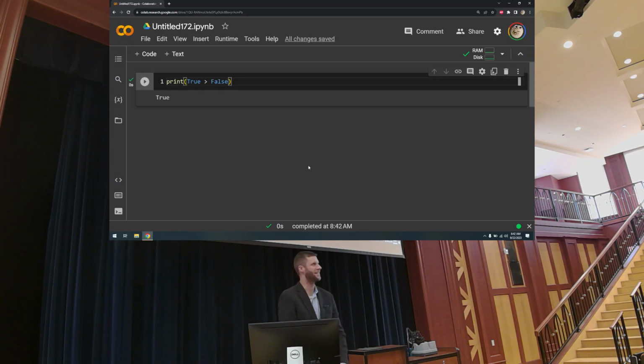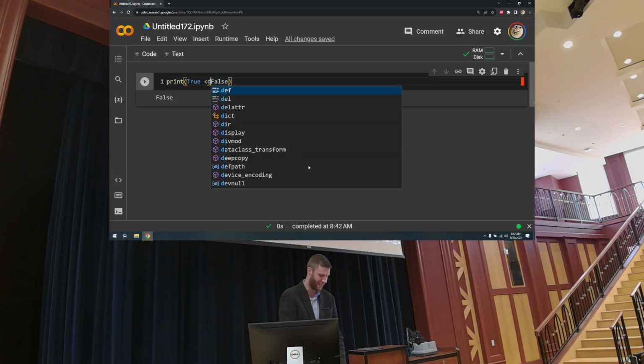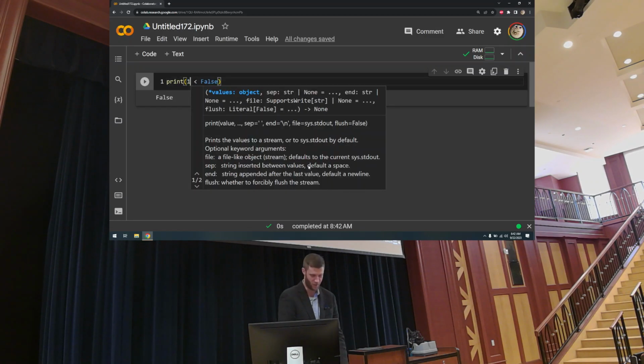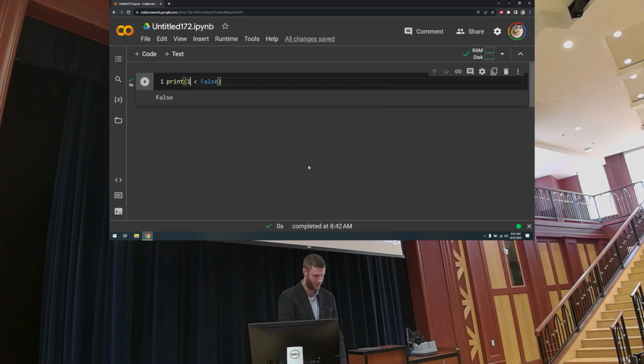That's a weird one, isn't it? Is true greater than false? True. That's weird, right? Is it less than? Okay, that's neat. Is 1 less than false? What?